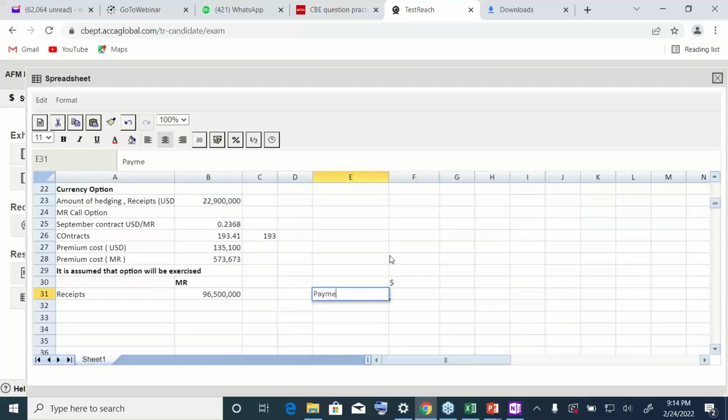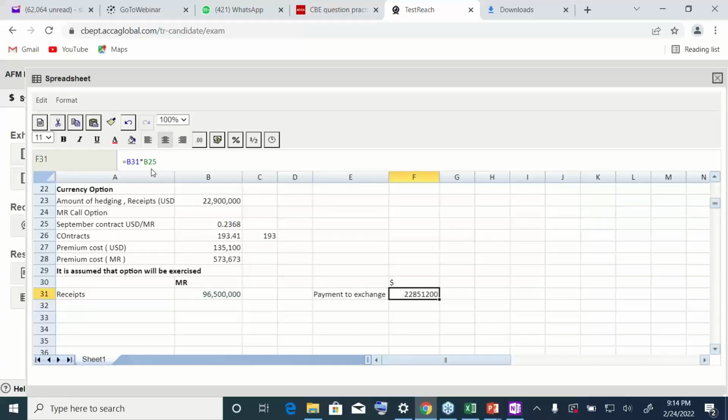If you are receiving home currency, that means you will be paying foreign currency. How much will you pay in foreign currency at the strike rate, which you have locked with the exchange?